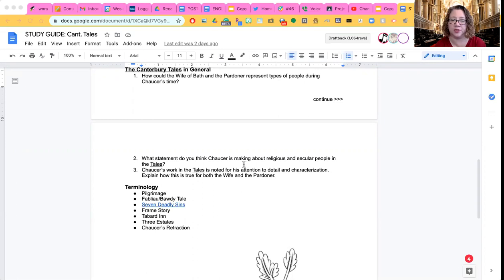So that's the retraction right there. It's in Middle English. I think for the midterm, you just need to know that he did do a retraction, that for whatever reason later in life or feeling threatened, maybe he wrote that retraction just so that he wouldn't be punished.